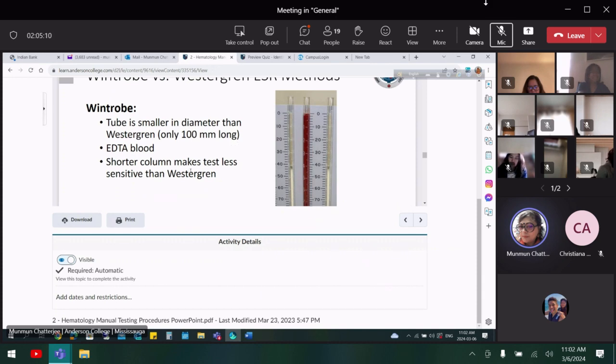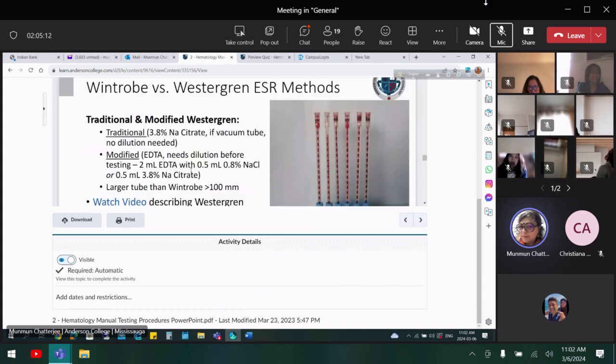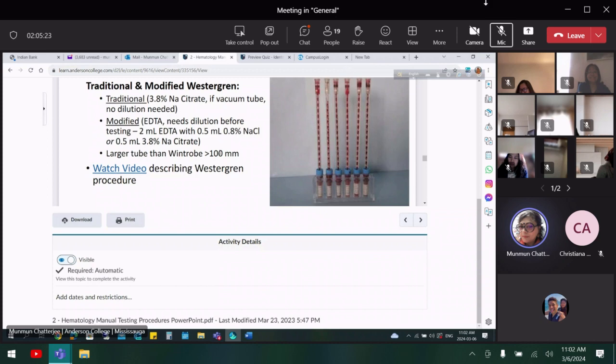That's the thing. Okay. And the Westergren tube, this is the traditional one, uses 3.8% sodium citrate. This is the Wintrobe versus Westergren. Traditional 3.8% sodium citrate, if vacuum tube, no dilution needed. Modified EDTA needs dilution before testing: 2 ml EDTA with 0.5 ml of 8% NaCl or sodium citrate.